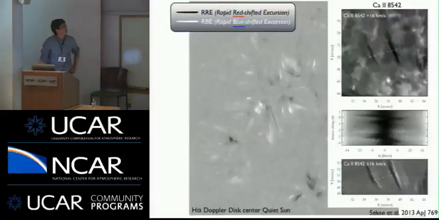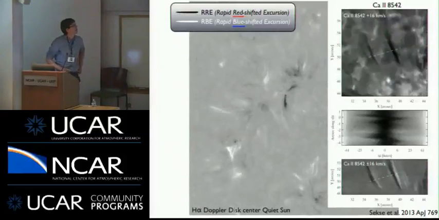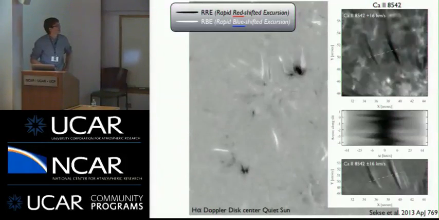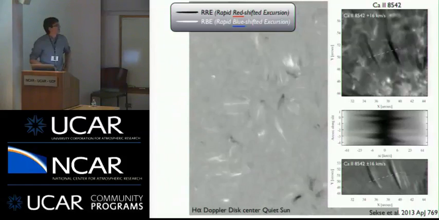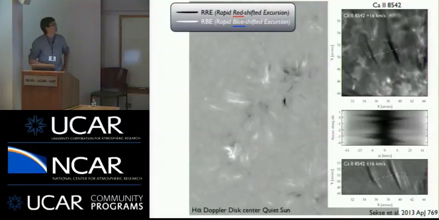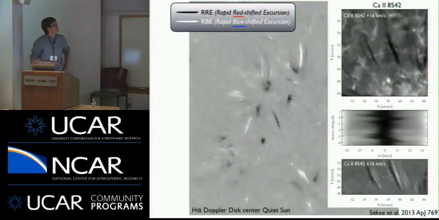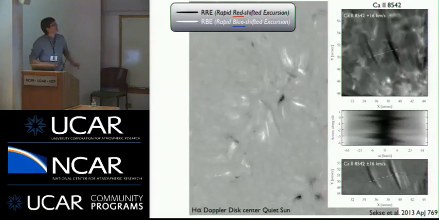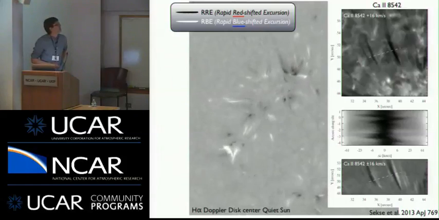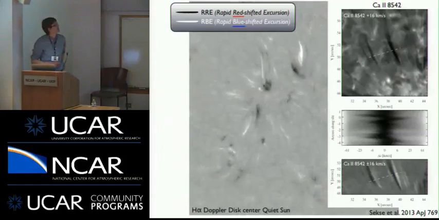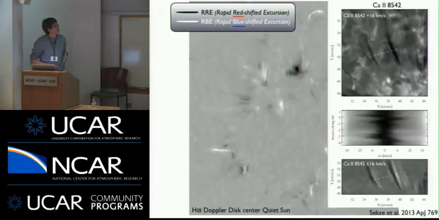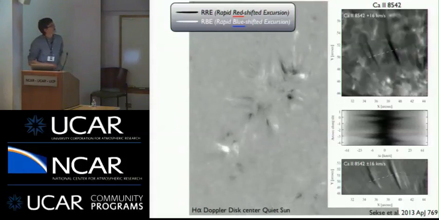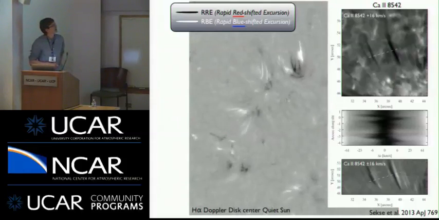We not only see these excursions towards the blue part of the spectral line, we also see them towards the red. This is an observation at the center of the disk. So we look down on these features. And now the blue shifted events, so the asymmetries towards the blue, show up as white features. So you see all the white features that shoot out from the region down here.